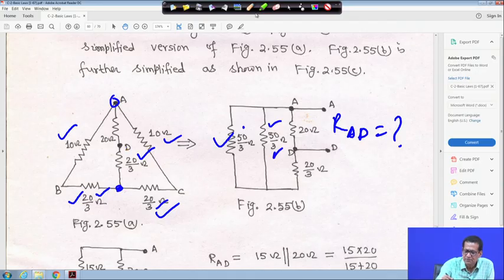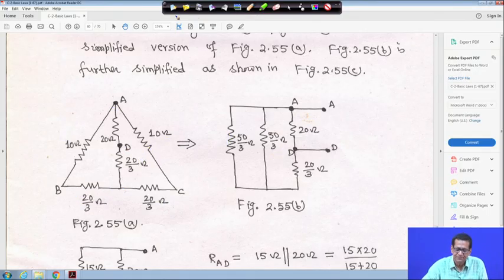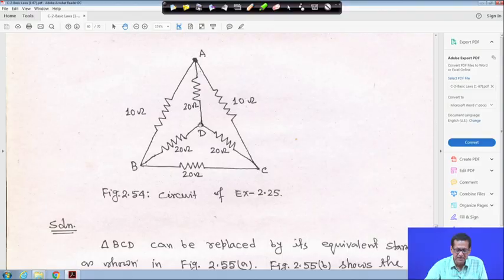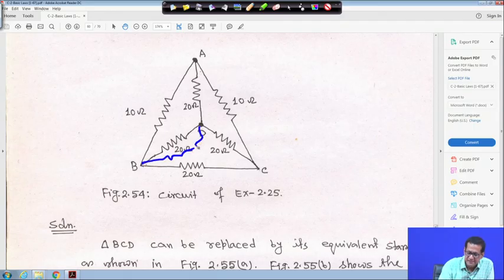Just hold on, I am cleaning it. If you don't try to find out resistance here, I mean if it is asked for R_AD, that is why, when you convert it to star like this.